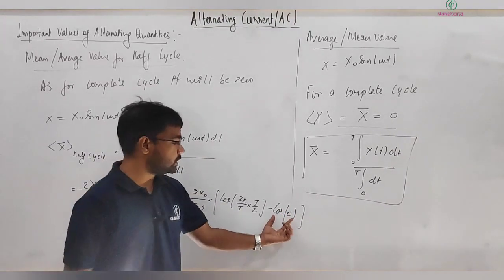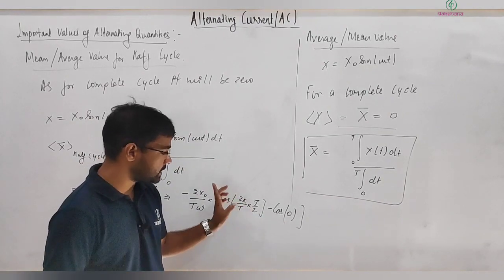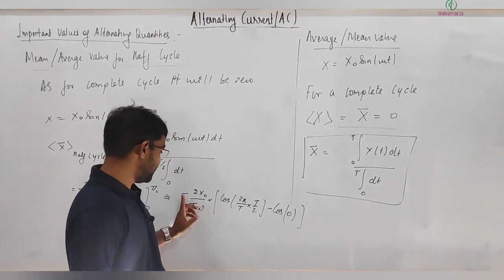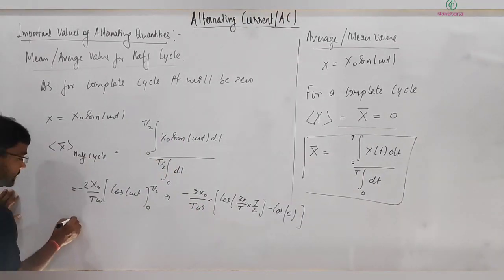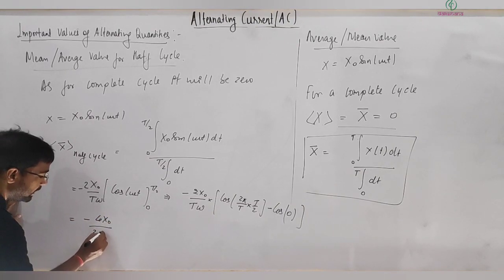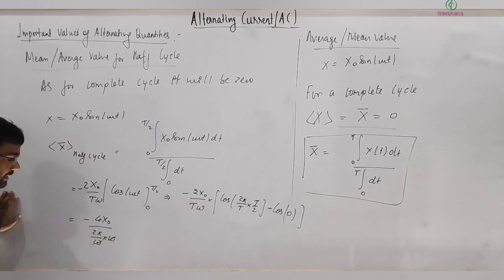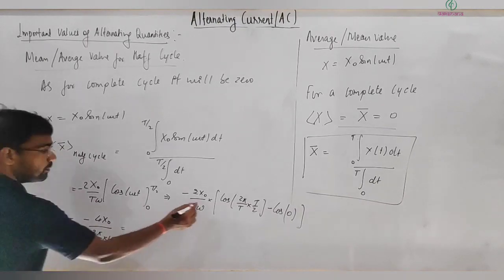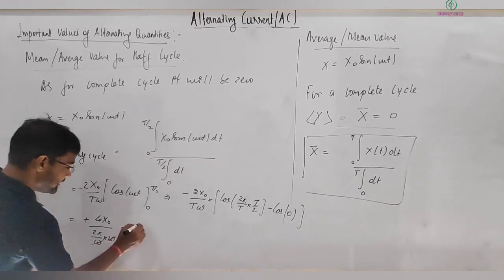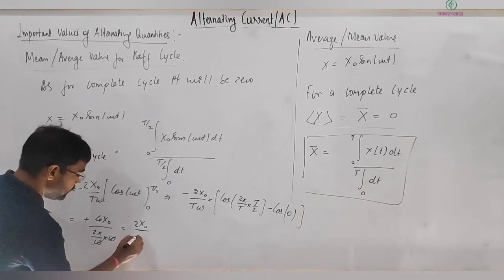So what is this? Cos 0 is 1, and cos pi is minus 1, and the T gets cancelled. So I am getting minus 4 x naught upon T, into T by 2 pi, omega gets cancelled, and the minus is also gone, and the 2 gets cancelled, finally giving 2 x naught divided by pi.